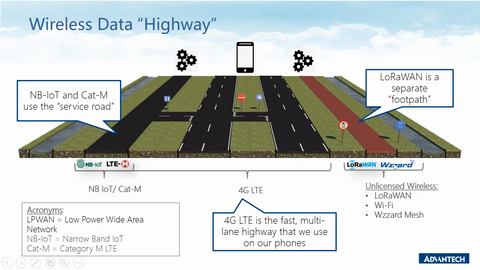They're still used for communication, but you don't have to use a SIM card. That's another way to look at it. For the highway, you have to have a SIM card to get on. For LoRaWAN, Wzzard Mesh, Wi-Fi, of course, you don't need a SIM card. So if that's helpful, great. If not, just think of something else, I guess.